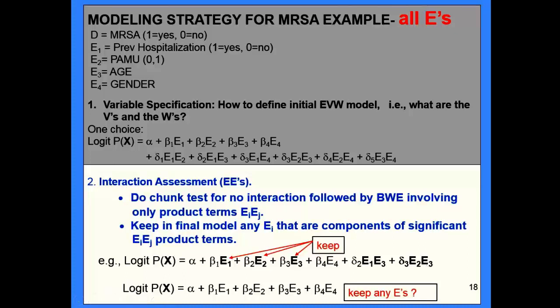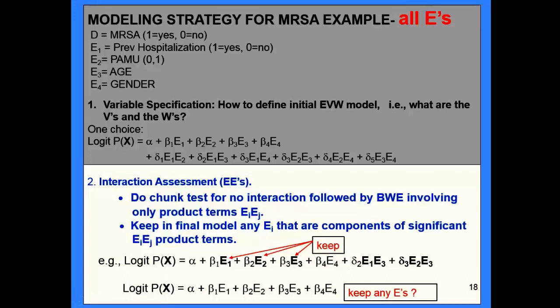If you knew that you needed to keep these 2, E1E3 and E2E3, what would you have to keep in your final model? You'd have to keep E1, E2, and E3. But why not E4? Because that's not part of any product term you've decided to consider. So the process would be, first consider interaction, and then if there's any term you can drop, it's E4.